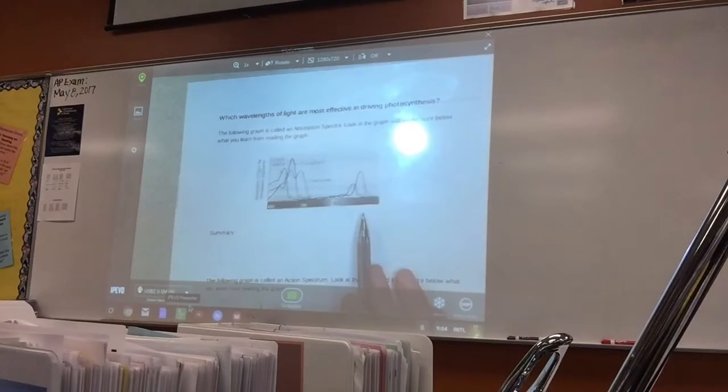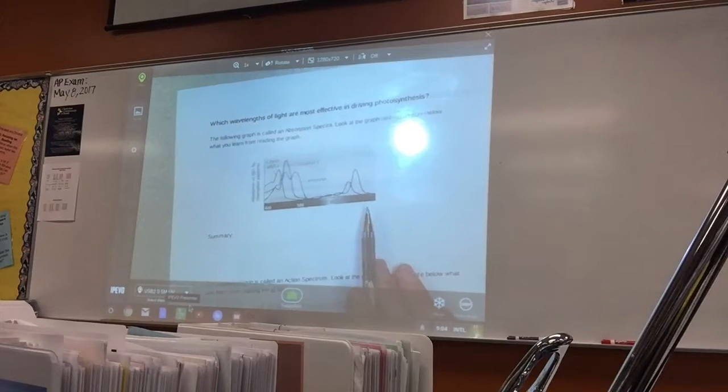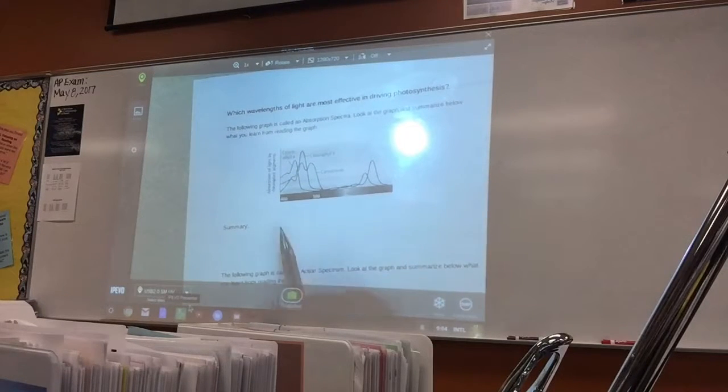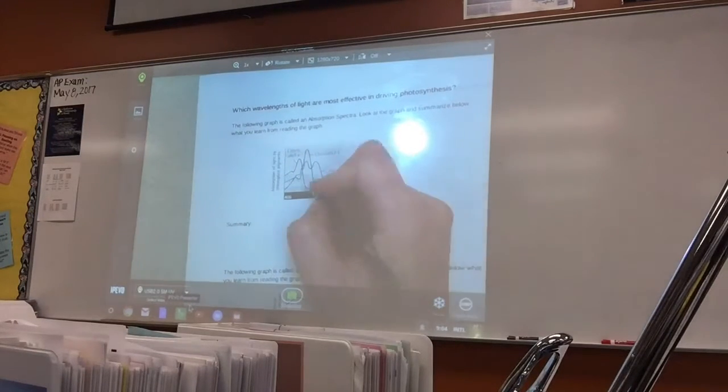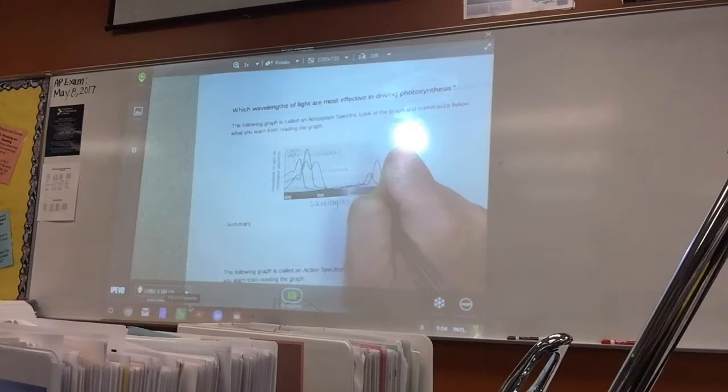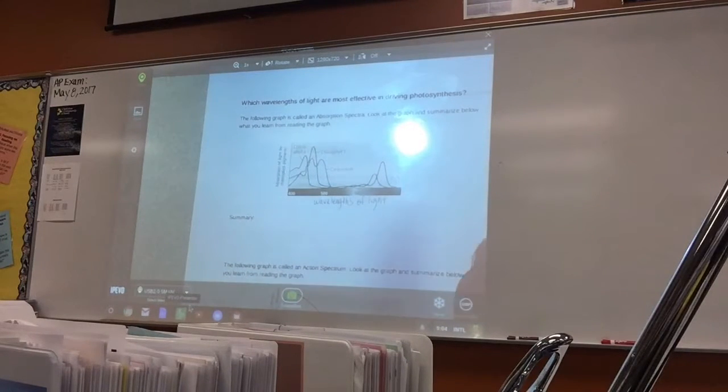So one thing I noticed after I made the copies is on the x-axis, I forgot to label what these numbers are. These numbers are wavelengths of light. And so remember, white light is all the different wavelengths or colors of light, the visible spectrum from violet to red, so it's the whole ROY G. BIV thing.